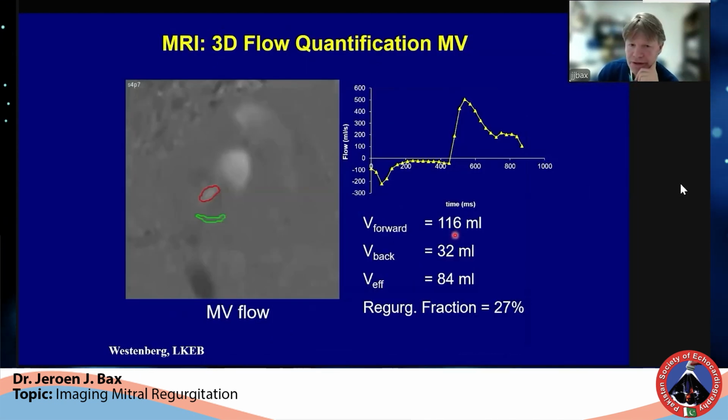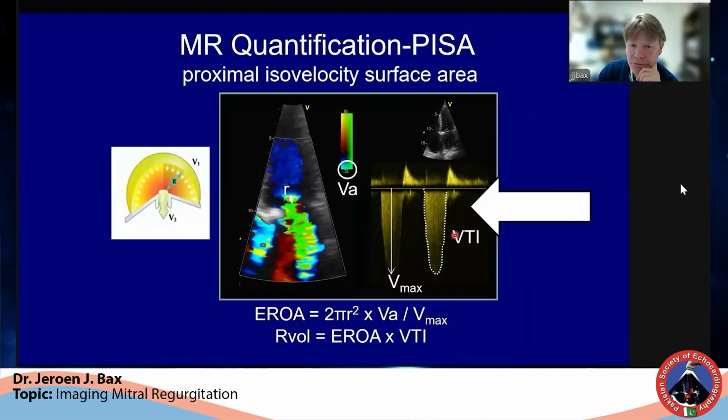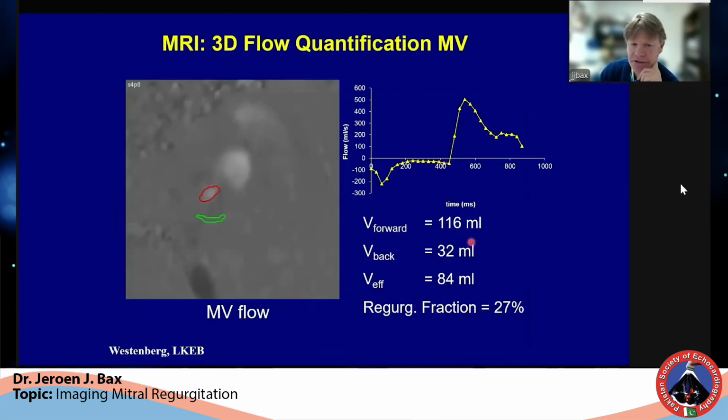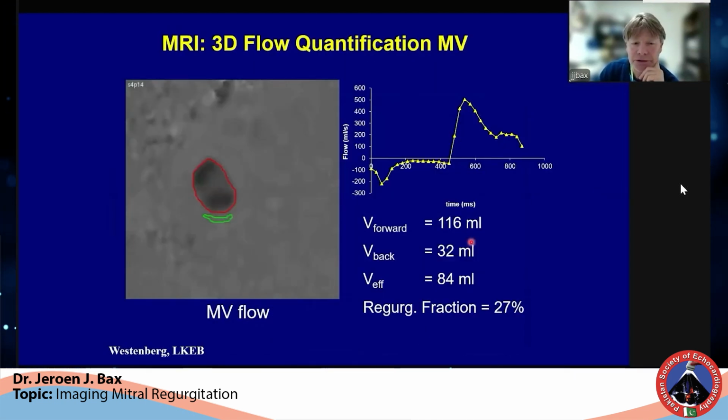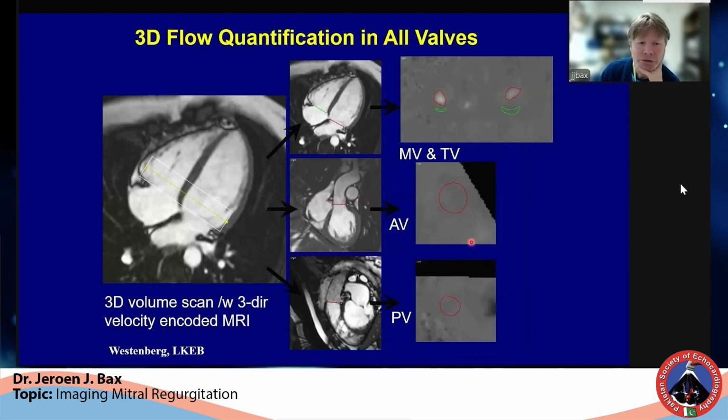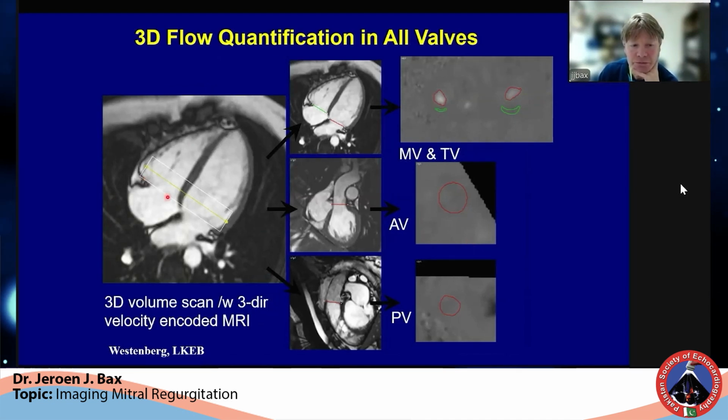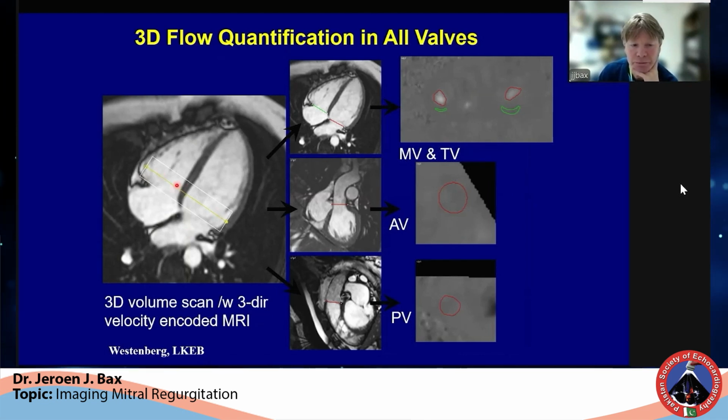We also have worked a lot with this here. This is really beautiful, but it's not practical in the daily practice. I'm sorry, I want to show you this one. So we use MRI, and we put a scout over the mitral valve and over the tricuspid valve here, but we're not looking at the tricuspid today. Then we get these different views. And from these different views, we can tease out completely the flow over the mitral valve and the tricuspid valve.